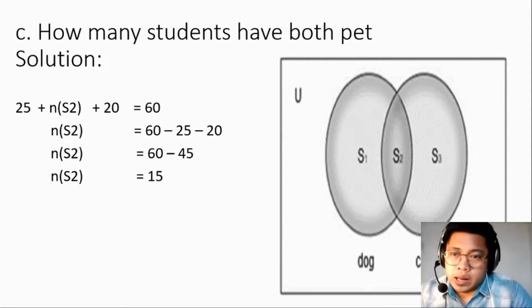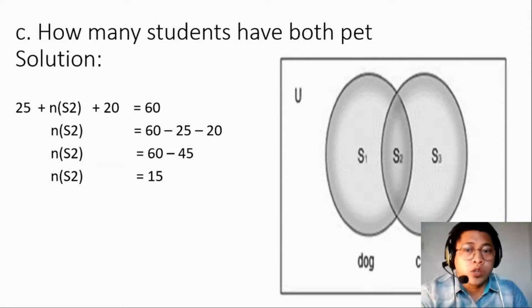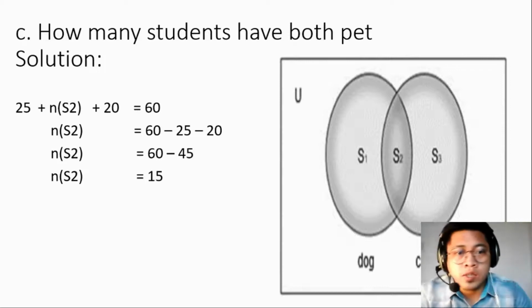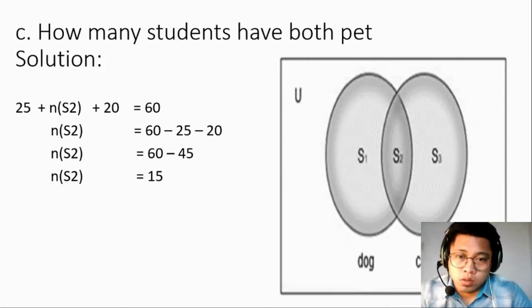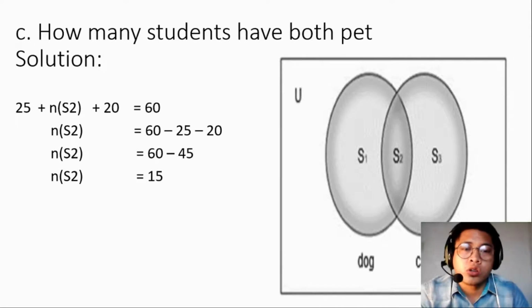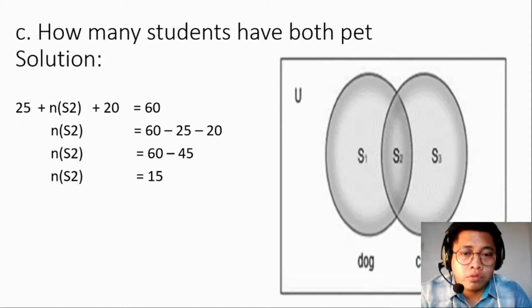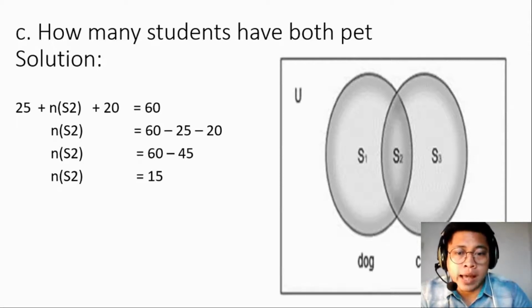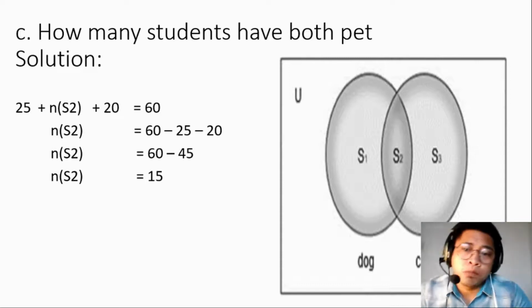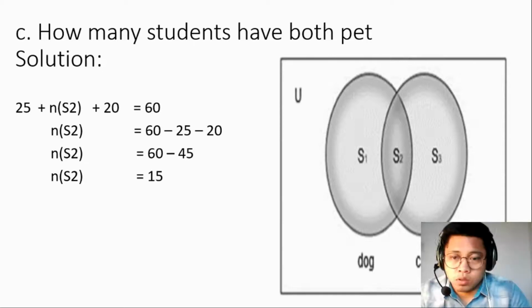Now, let us proceed to the last question. How many students have both cat and dog? So from the first two solutions, we got 20 as the number of students who own cats only, and 25 as the number of students who own dogs only.